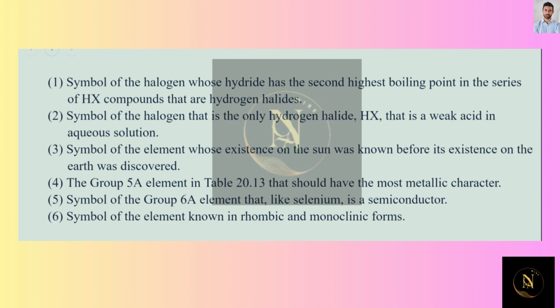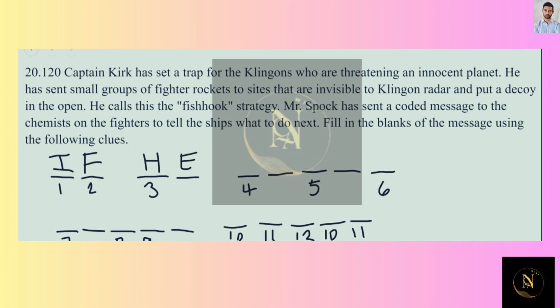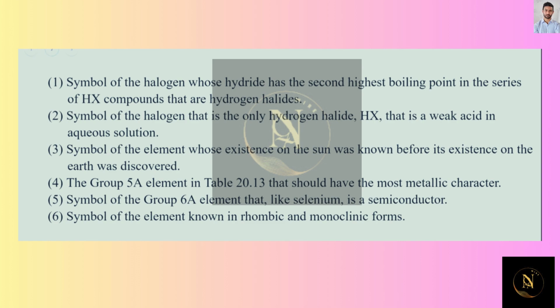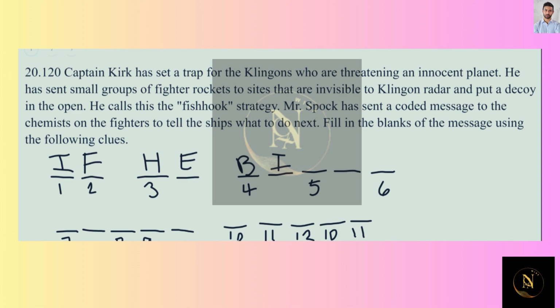So of the group 5A elements, both bismuth and antimony have metallic character, but the heavier of the two will have the more metallic character, so that'll be bismuth. So we can go ahead and fill in Bi. And then our fifth clue is the symbol of the group 6A element that, like selenium, is a semiconductor. So like selenium, tellurium is a semiconductor. So our next two letters are Te.